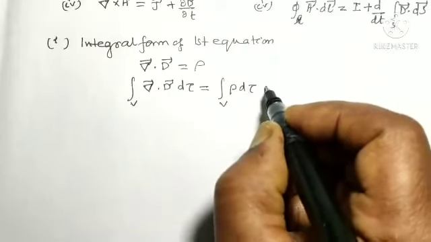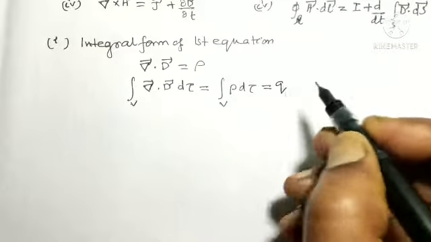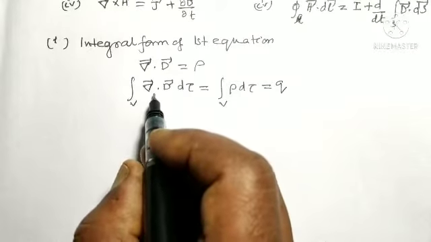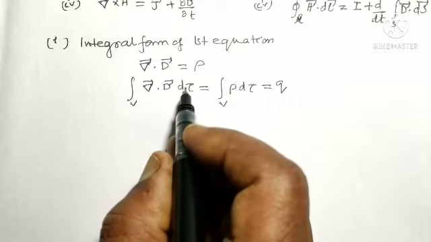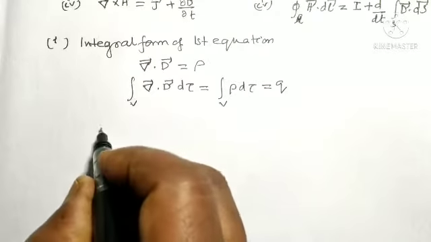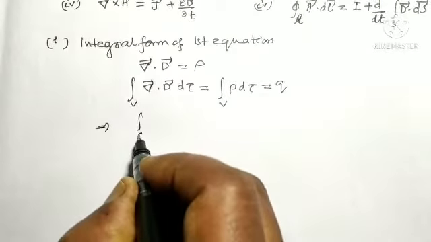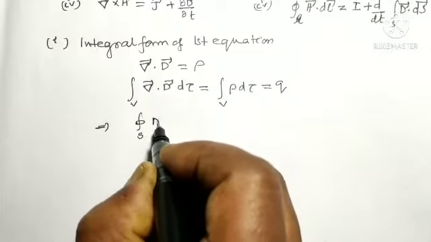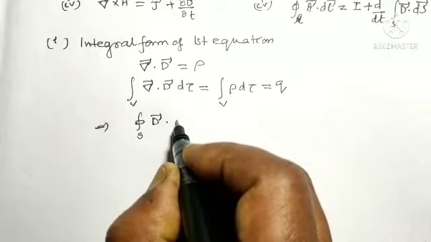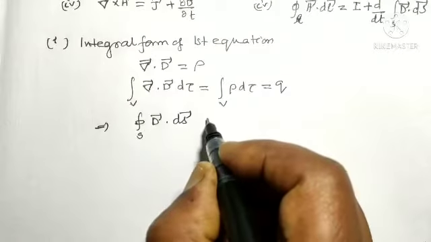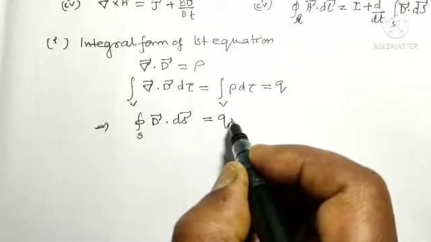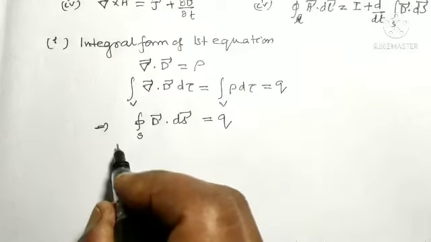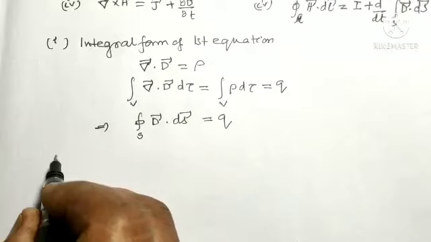D tau is the volume element and this is equal to Q. Now we apply Gauss divergence theorem. The volume integral in the left hand side can be converted into surface integral over a closed surface. So this is D dot dS, or D dot n cap dS, dS vector, that is equal to Q. So this is the integral form of Maxwell's first equation.